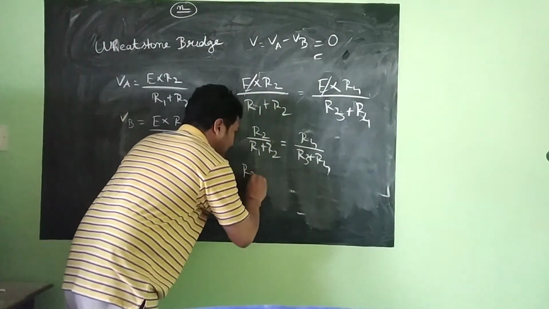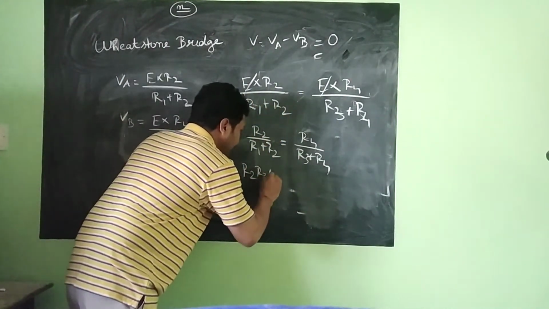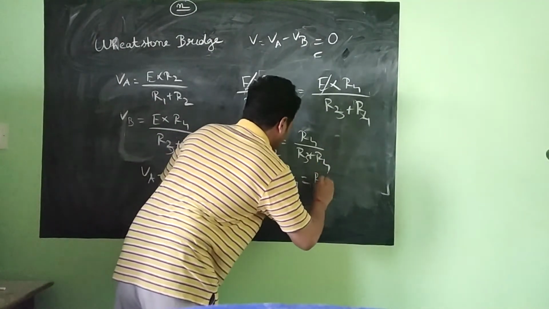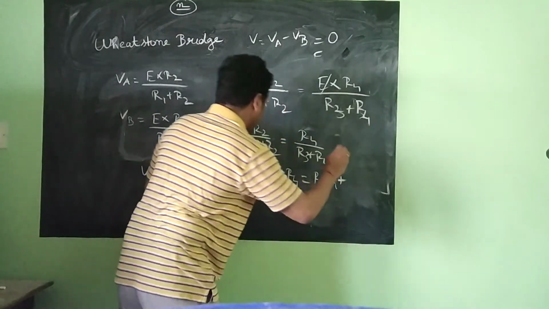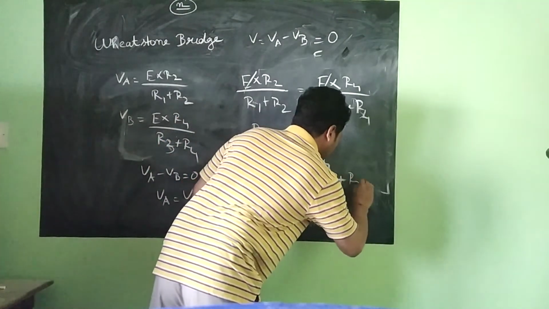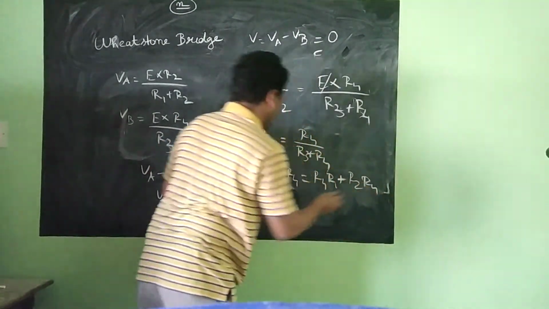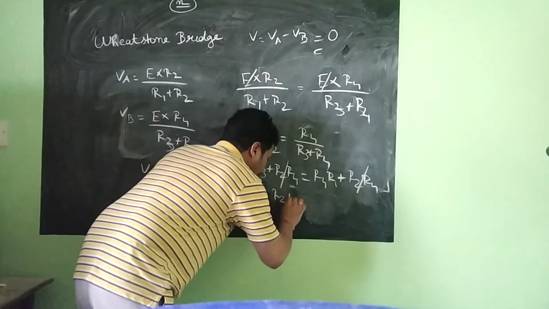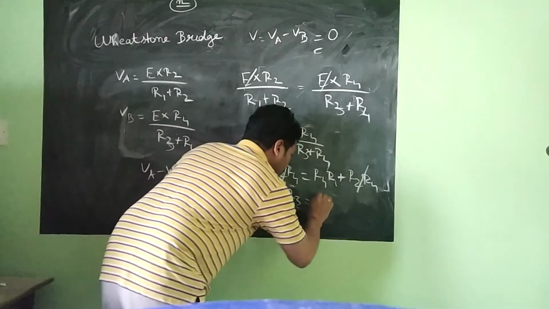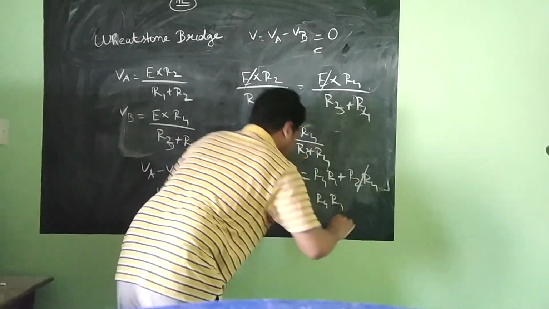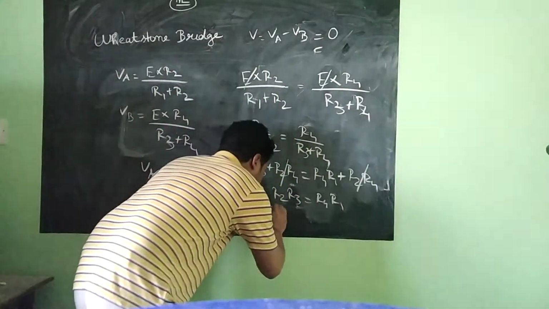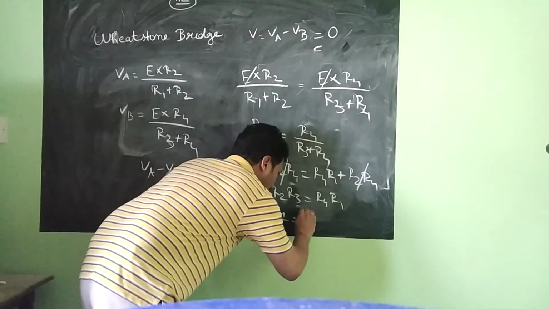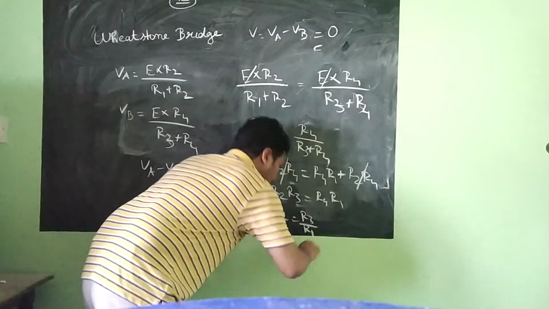Now again cross multiplying, R2 R3 plus R2 R4 equal to R4 R1 plus R2 R4. Here cancelling out the common terms, R2 R3 equal to R4 R1. You get R4 by R2 equal to R3 by R1.